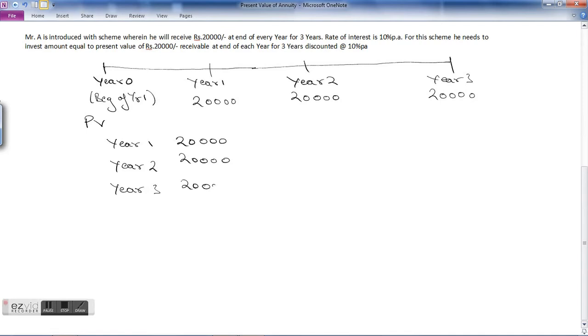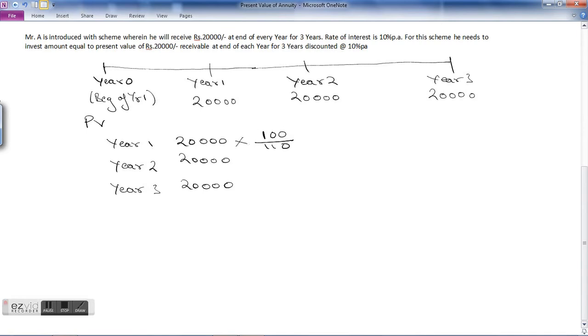As we saw in our last video, the present value of a single cash flow. Let's take all these annuities as single cash flows just to understand the concept. What will be the present value of 20,000 received at the end of year 1 at 10% per annum? It will be 20,000 into 100 divided by 110.